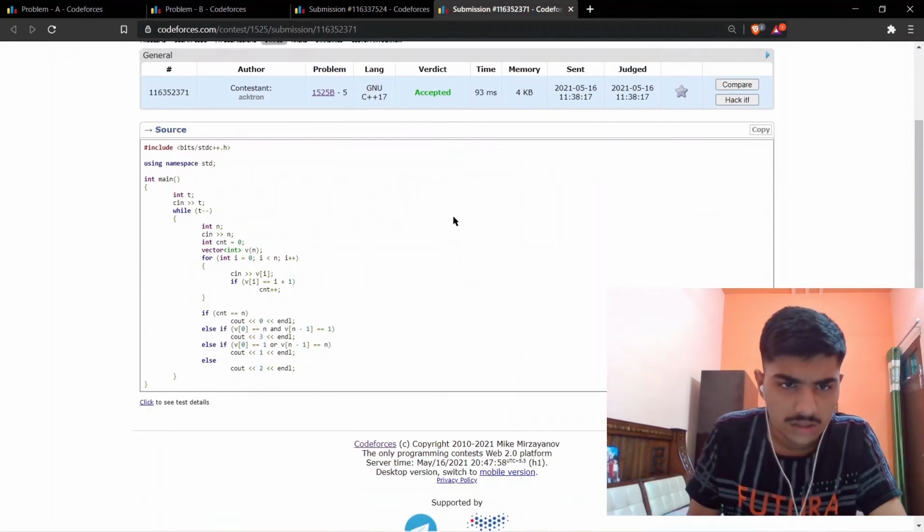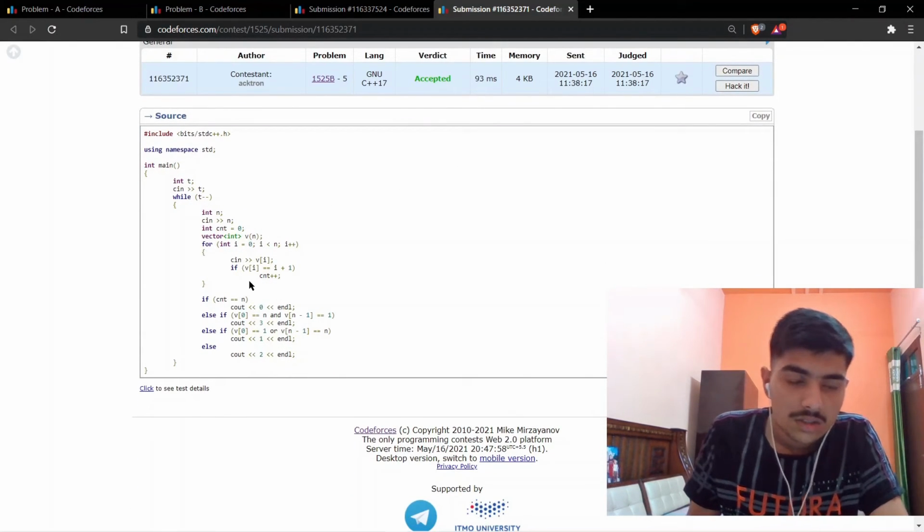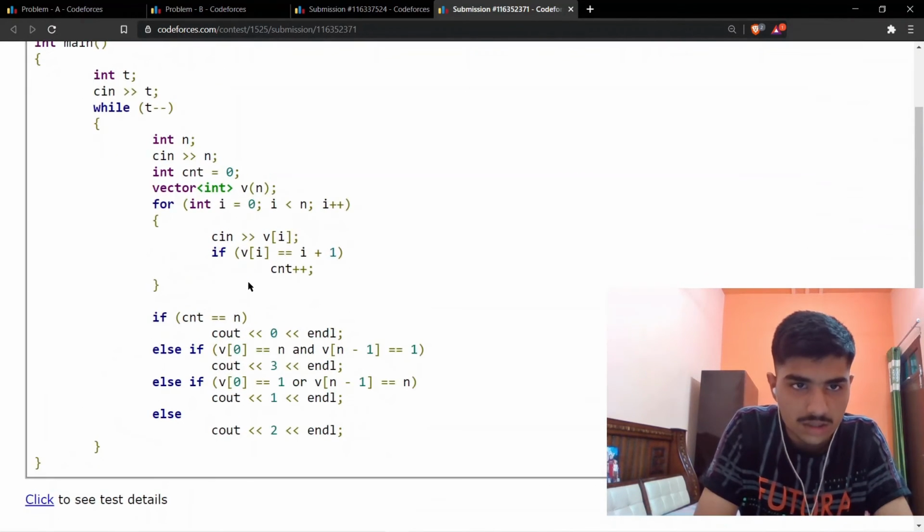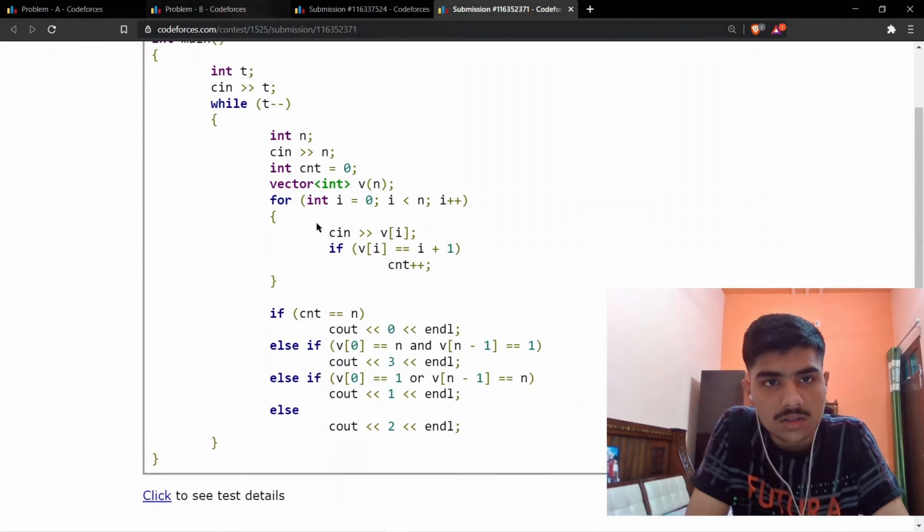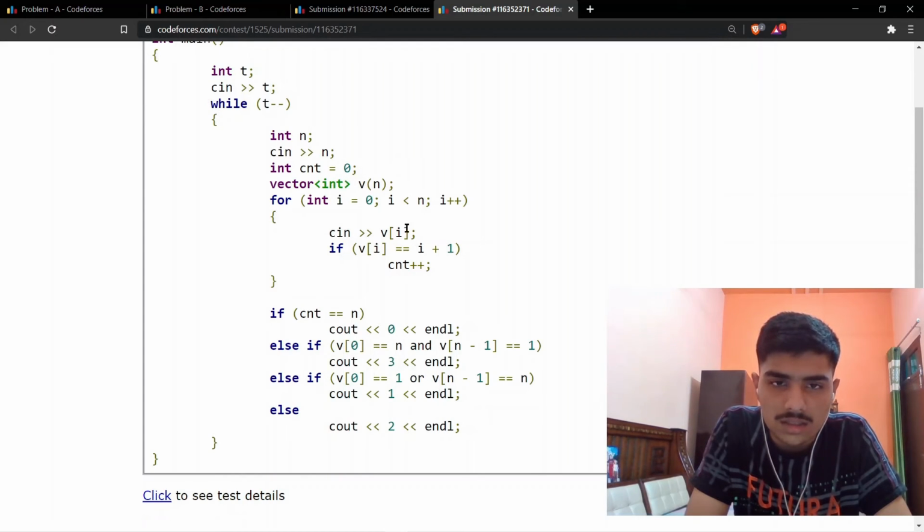Okay, so yeah, let's see the code of this problem. So this is the code of this problem. Let me zoom it. Yeah, so this is the test case and we are inputting n, the number of elements in our array. We are taking count as a variable. I will tell you what this does. We are inputting a vector, or we can say an array.